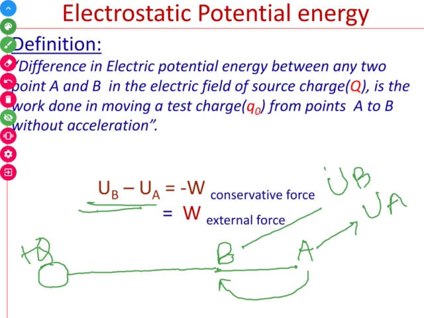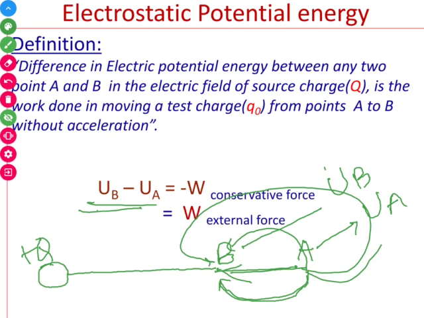and it is independent of the path we follow, whether we take it from A to B in this path or this path or this path also. You can take any path, it is path independent, because electrostatic force is a conservative force.